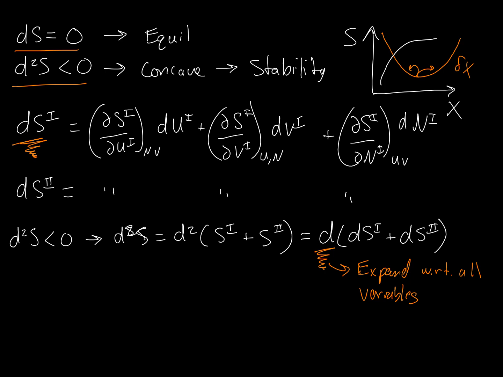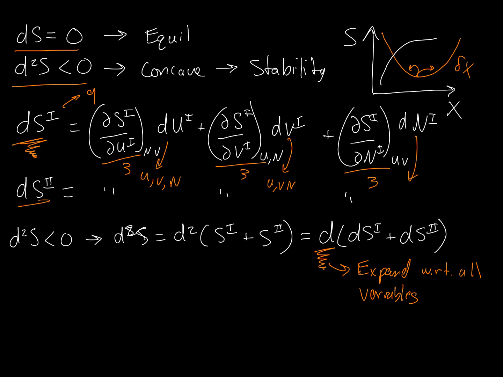Which means now I have to expand each one of these 3 terms with 3 additional terms. So this ds1 is going to have 9 terms. 3 here, 3 here, 3 here. So I have to expand this one again with respect to u, v, and n, I have to expand this one with respect to u, v, and n, and so on.